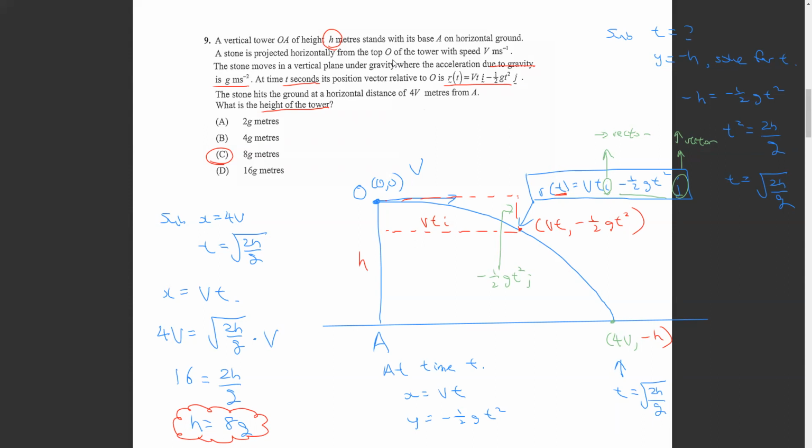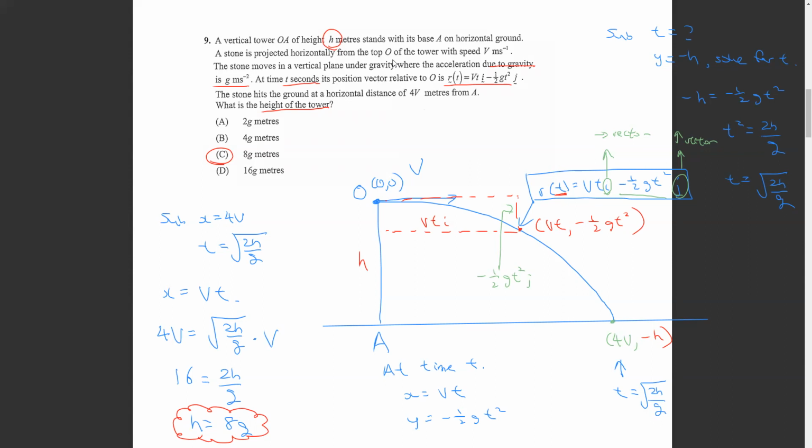If that's confusing to you, don't let it confuse you. It's not any different to a normal projectile motion question, except for maybe the way they've presented it. You could ignore that if you like, because your normal projectile motion methods, without vectors, would still have got you there. And that's how you do the question.